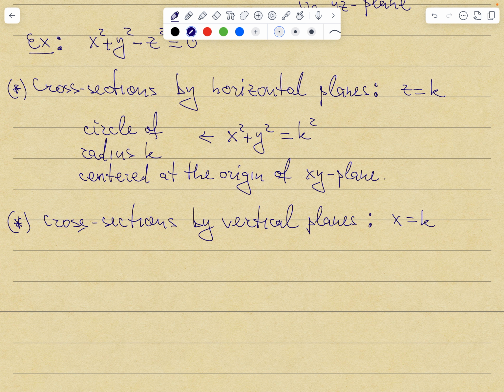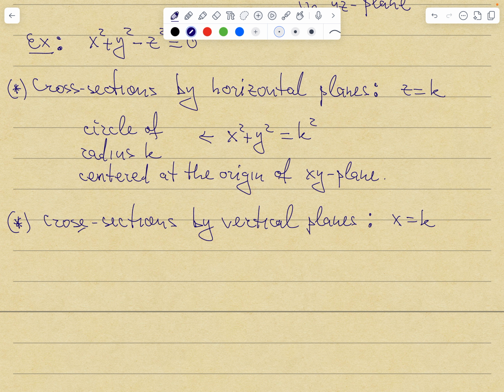These are the planes perpendicular to the x-axis at the level k. Likewise I can do planes perpendicular to the y-axis, y equal to k, but in this case you're going to get exactly the same thing, so I'm just going to do it for x equal to k, and then we're going to extrapolate to y equal to k.